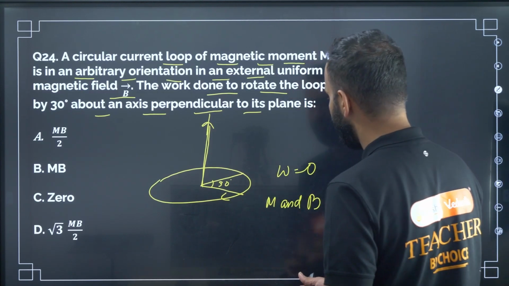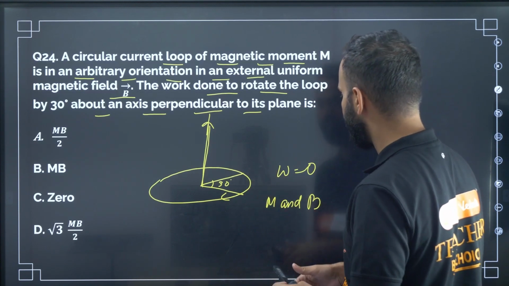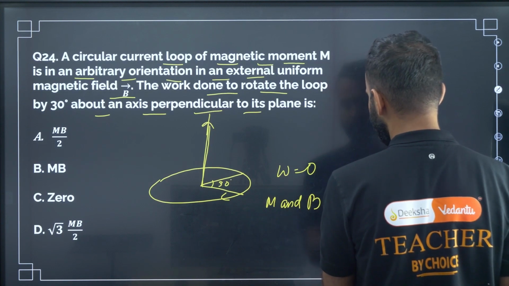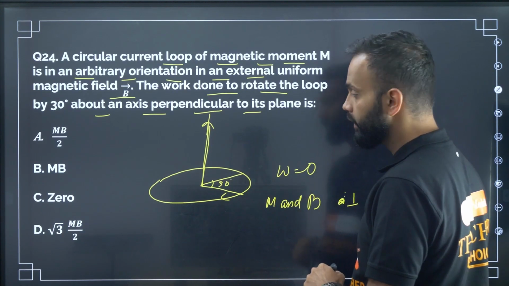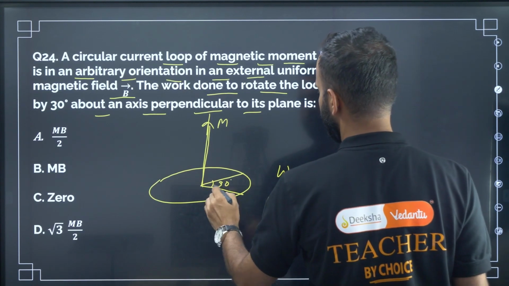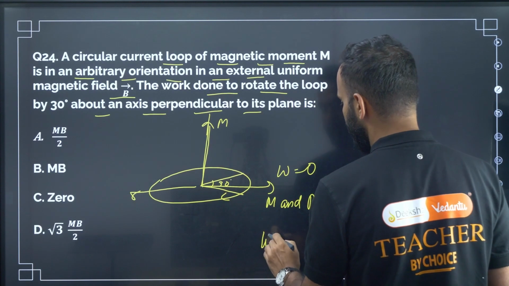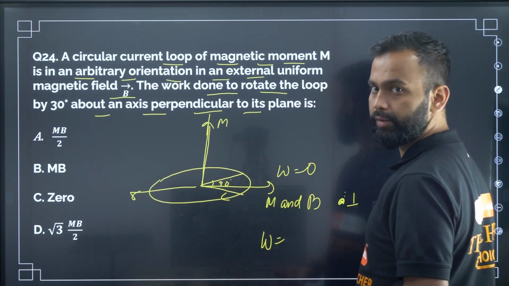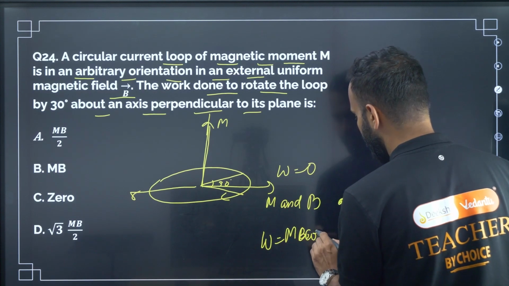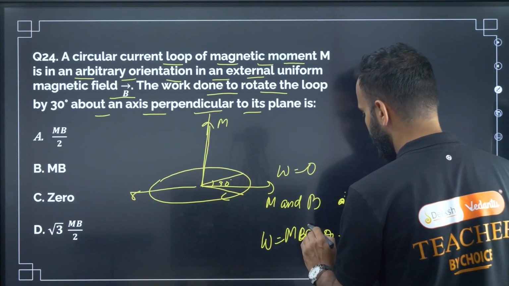What is the direction of the magnetic moment and magnetic field vector? The direction of the magnetic moment and magnetic field vector are at 90 degree, isn't it? The work done will be mB cos theta 1 minus cos theta 2, right?